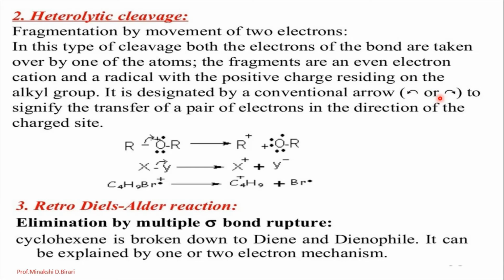In heterolytic cleavage, the cleavage of the C-X bond takes place, which is more difficult than the carbon-carbon single bond. X is the heteroatom like nitrogen, oxygen, sulfur, chlorine, etc. The positive charge is carried by the carbon atom instead of the heteroatom.